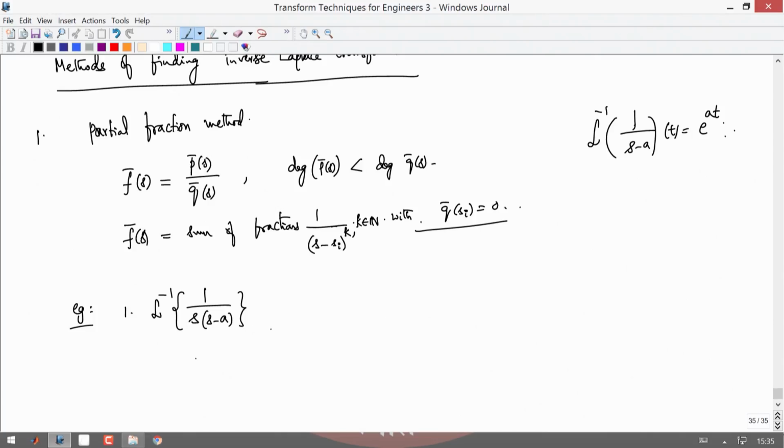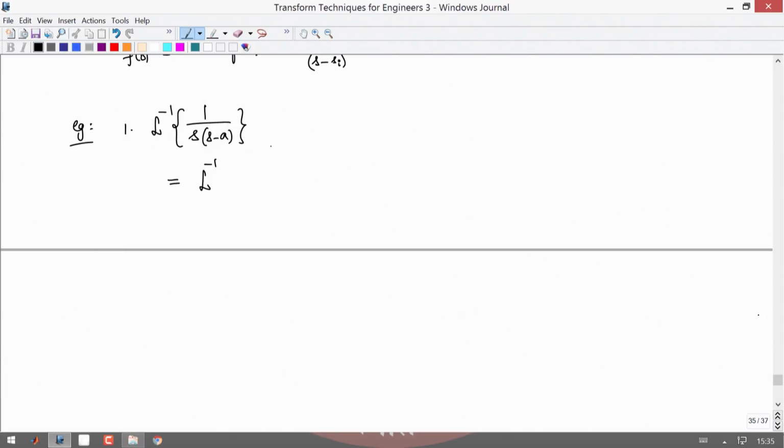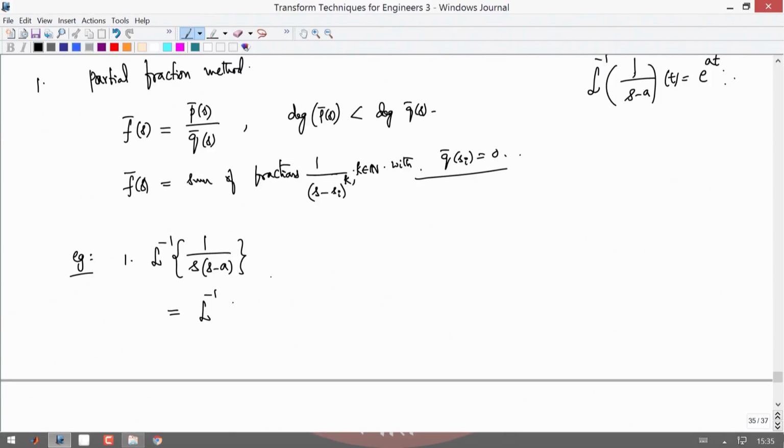So what we do is, because L inverse is a linear operator, and the Laplace transform and inverse transform are linear operators, you can write this as a divided by s plus b divided by s minus a with some constants.